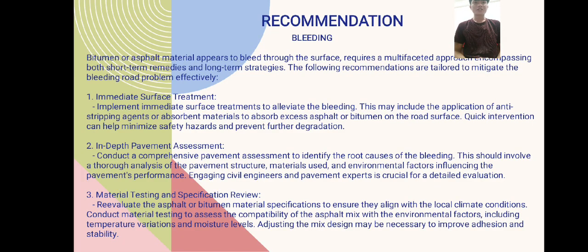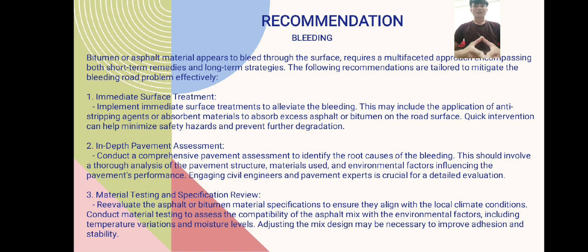Next are the recommendations for bleeding. Bitumen or asphalt materials that appear to bleed through the surface require a multifaceted approach encompassing both short-term remedies and long-term strategies. The following recommendations are tailored to mitigate the bleeding road problem effectively. The first recommendation is immediate surface treatment.